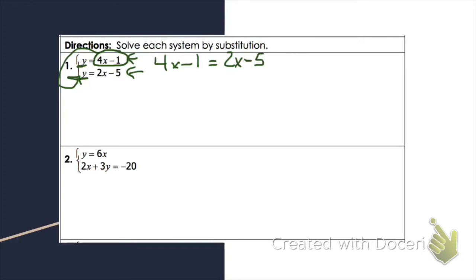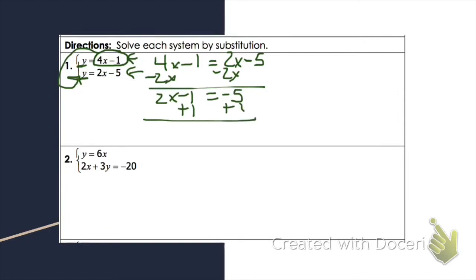And we're just going to solve for X. I'm going to subtract 2X from both sides. I'm left with 2X minus 1 equals negative 5. I'm going to add my constant in order to get rid of it because it's the inverse of subtracting. I'm left with 2X equals negative 4. I'm going to divide by my coefficient, and I get X equals negative 2.